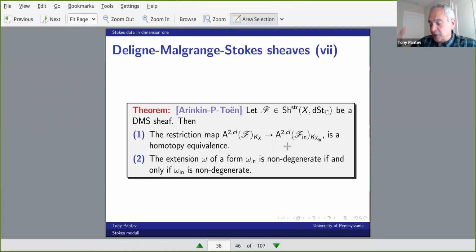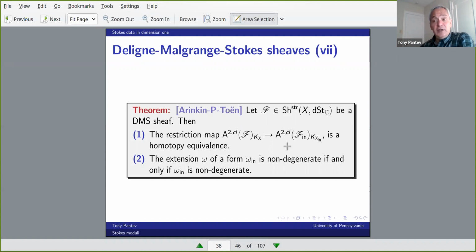It has a restriction on an open, and there is a symplectic form on that restriction because it's constant there. It's a big dense open stratum, and what we're saying is that it always extends to a relative guy, and non-degeneracy on the open extends uniquely, and non-degeneracy on the open is equivalent to non-degeneracy on the relative guy.